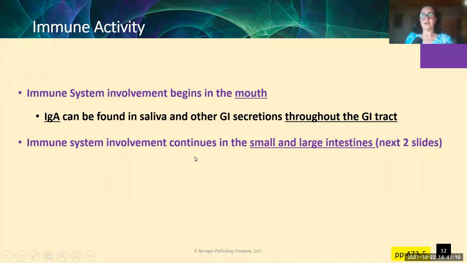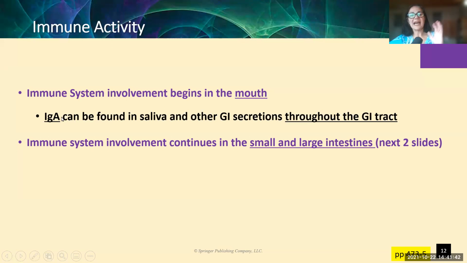Okay, a little bit more about immune activity. So the immune system involvement already starts in the mouth. Now think about this. I've said this is still on the outside of the body, if you will. Even if it goes inside the mouth and in the esophagus and in the stomach, we know that we're bringing in things from the outside, and there's the possibility of getting some microorganisms or some toxins or something that's not supposed to be there.